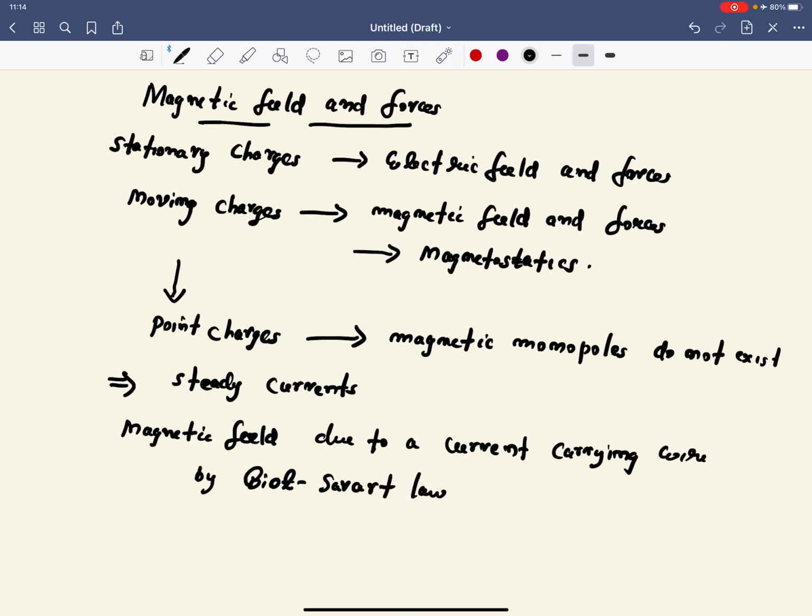Just like Coulomb's law in electrostatics, in magnetostatics we can estimate the magnetic field at different spatial points, which is given by B of r equals mu 0 by 4 pi integral of I dl cross r hat divided by r squared.